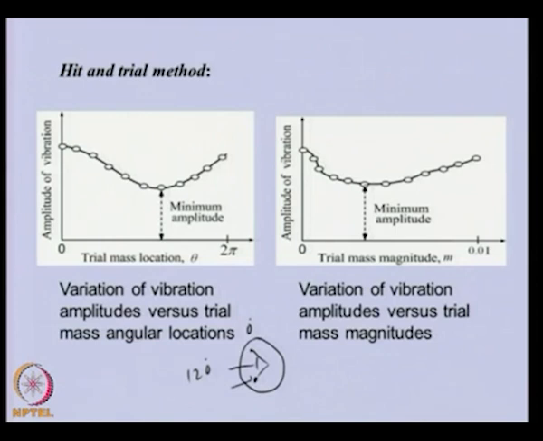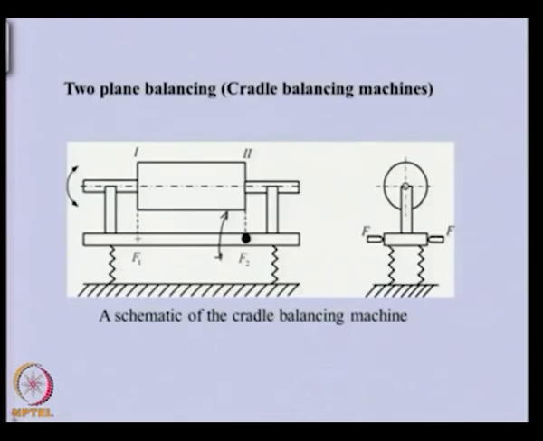From this, wherever the minimum amplitude is, that particular mass will be the correct correction mass in plane 2. So, from this we got the angular position, and from this we got the magnitude of the unbalance. Now, we could get the correction mass in plane 2 by this hit and trial method.